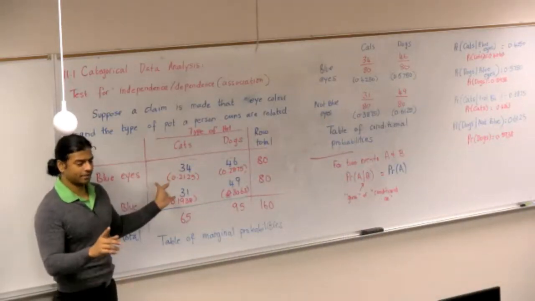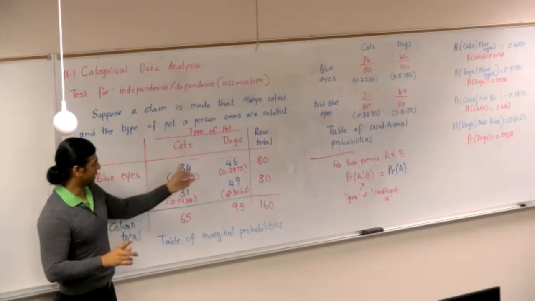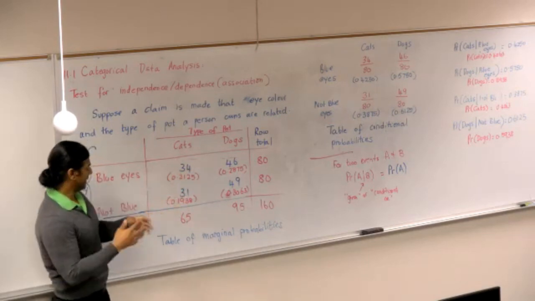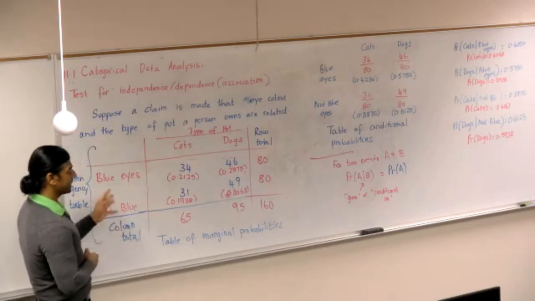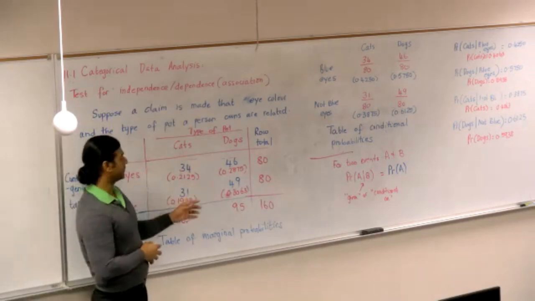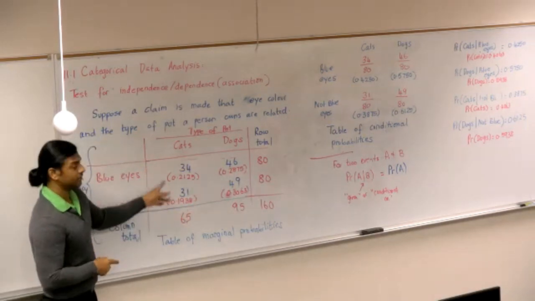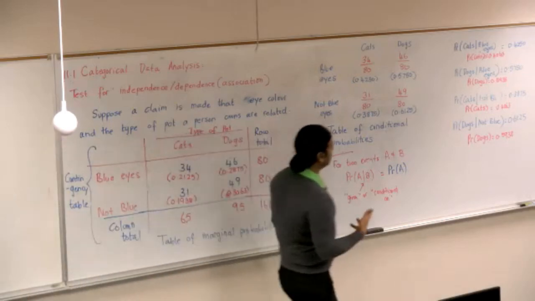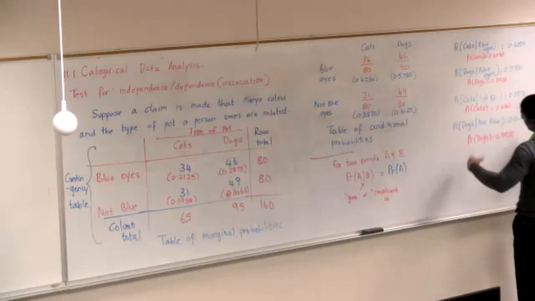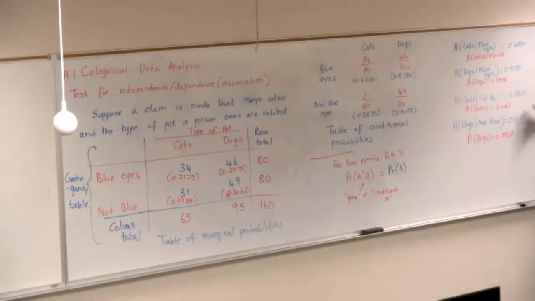That's pretty much what we had at the very beginning, right? When I asked you the question, look at the counts and tell me if there is an association between the color of eyes and the type of pet. Aaron said, no, the numbers are close to each other. I'm coming up with a similar argument, but here I'm using conditional probabilities.